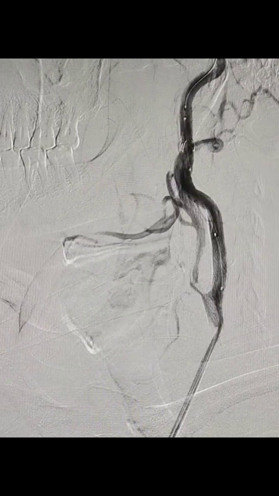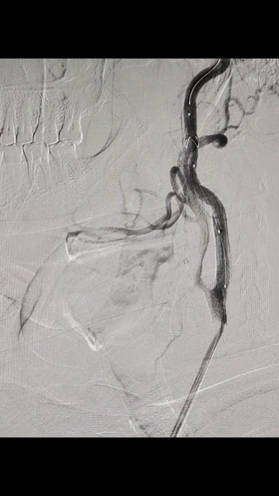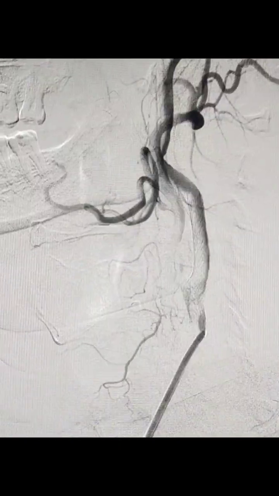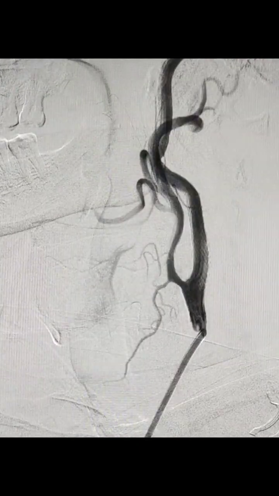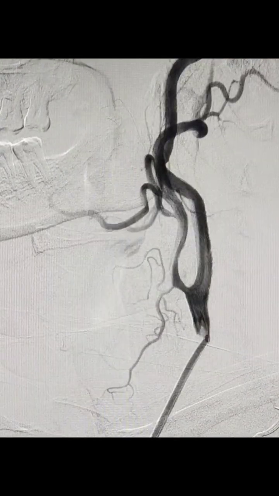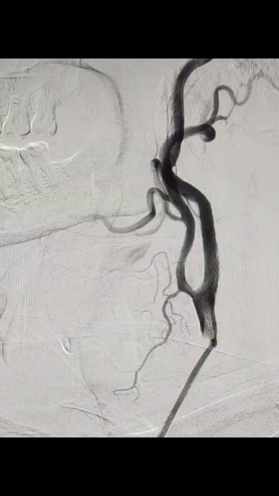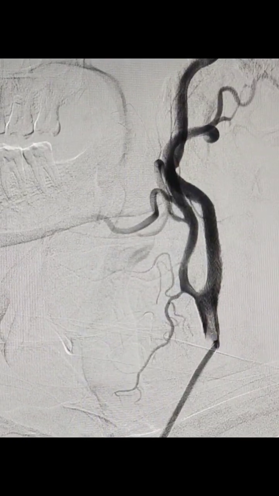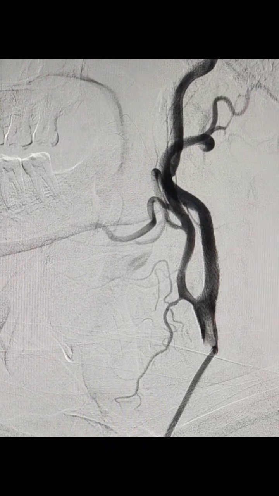So this is the picture of the post dilatation. Wonderful appearance of the left internal carotid artery. So this is a post stent contrast shot. See how beautifully we opened up the left internal carotid artery. So in this way we have done the left internal carotid artery angioplasty.